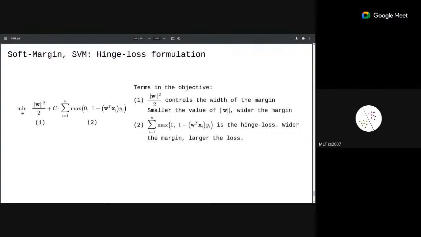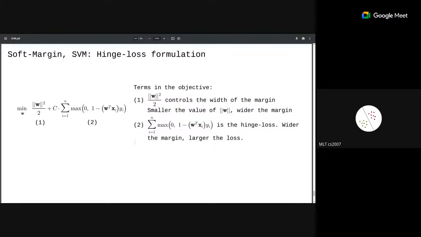So there are two terms, and these two work against each other, unfortunately, but that's the way it is. Norm W square controls the width of the margin. Smaller the value of norm W, wider the margin. And as you said, wider the margin, larger the loss, because if you keep making the margin wider, you are going to end up violating the margin on several data points.